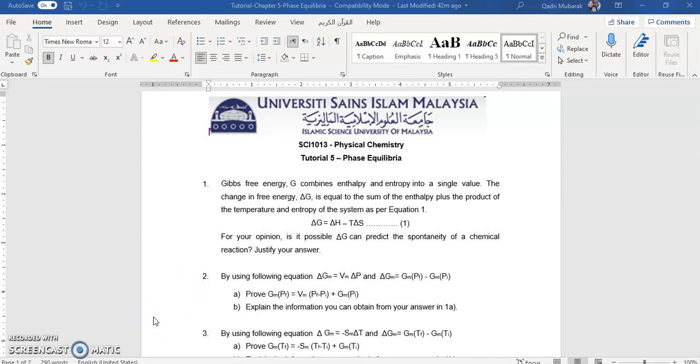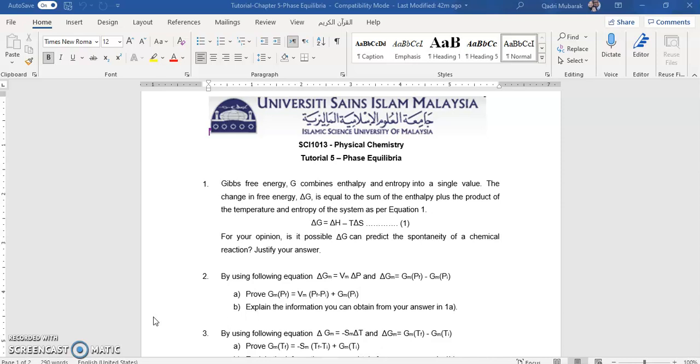Gibbs free energy G, delta G combines enthalpy and entropy into a single value. The change in free energy, delta G, is equal to the enthalpy plus the product of the temperature and the entropy of the system as per equation 1.